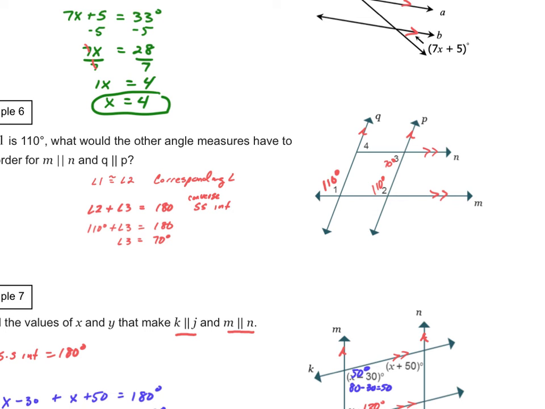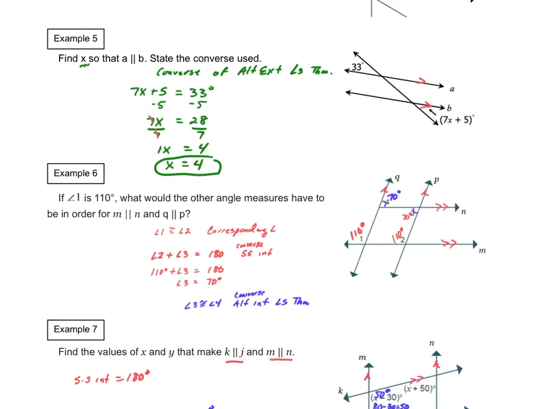But if I just said, well, angle 3 and angle 4 are interior angles, so if angle 3 is congruent to angle 4, then by the converse of the alternate interior angles theorem, that would make Q and P parallel, so therefore that would have to be 70 degrees. So there we're able to plug that information in and move around our diagram to find those missing values.